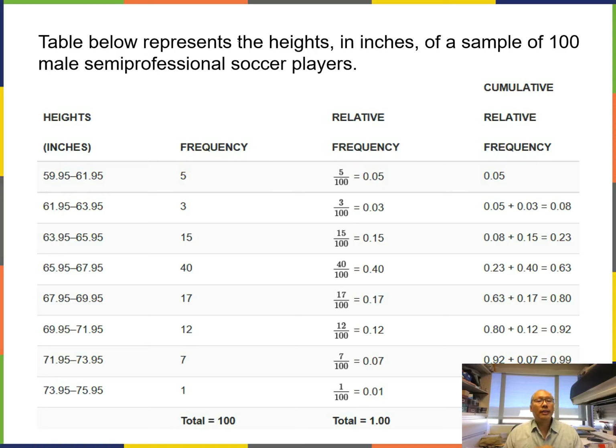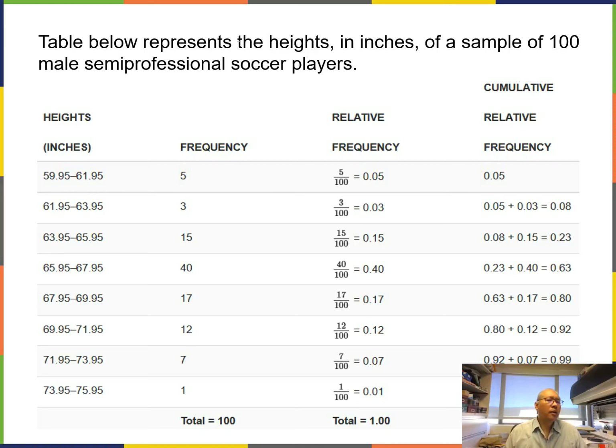If you look at the way the frequency table is set up, they have 59.95 to 61.95, so those values are to 2 decimal places. And just to avoid overlap, we should not get a soccer player whose height is 61.95, because if you have that height, then you'd be torn between putting it in the first class or the second class.